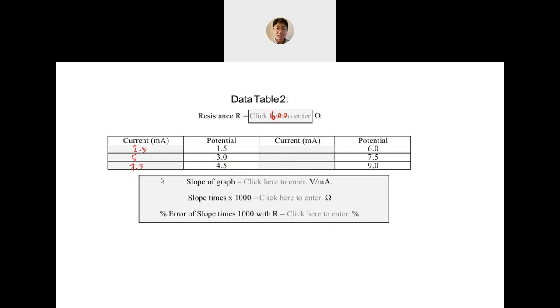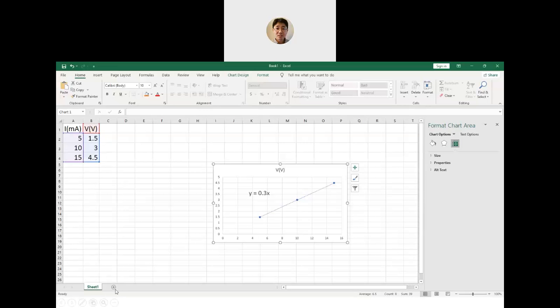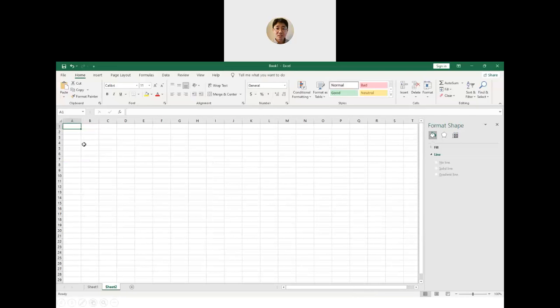Then we have to draw the slope of the graph. Then yeah, we have to use Excel. And maybe we can see I in milliampere, V voltage, and then we have to see.